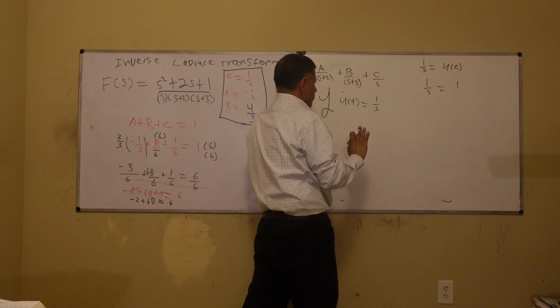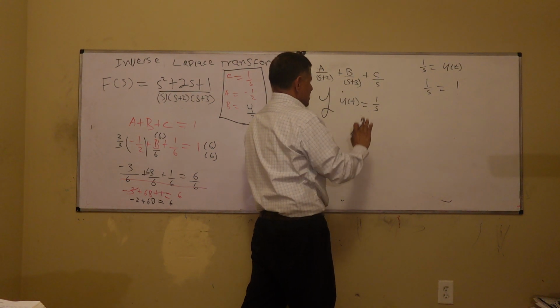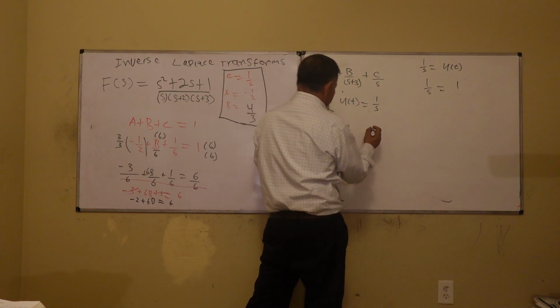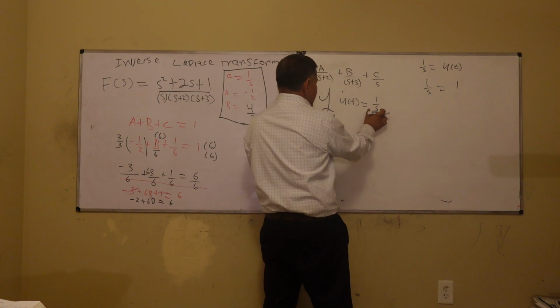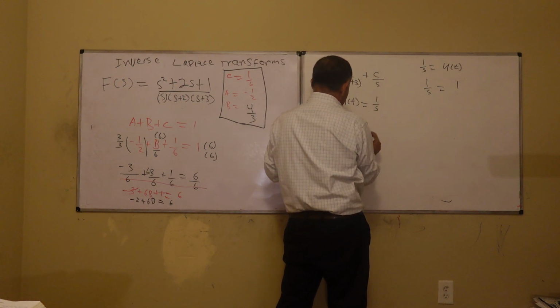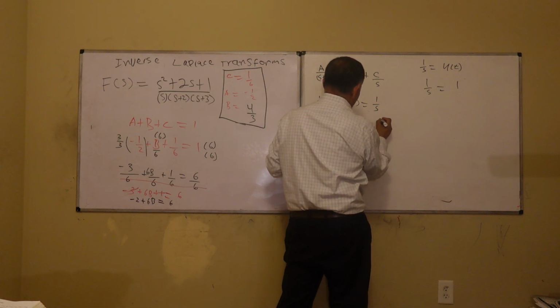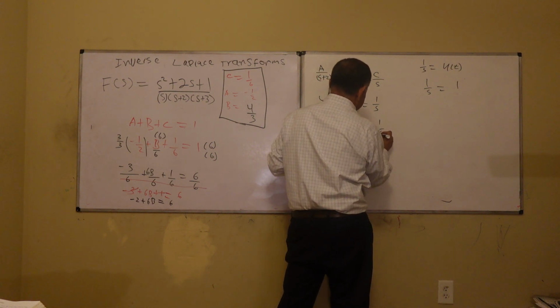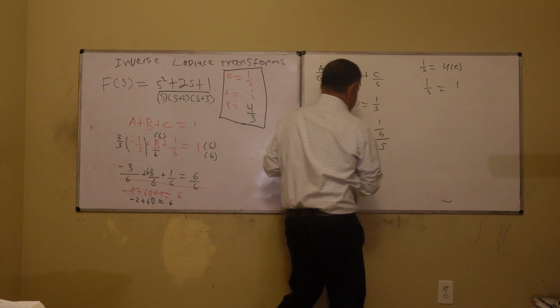So now what do we do in this case? Simply, we have an s, and on the top we have a 1/6. So we do it like this: 1/6 over s.